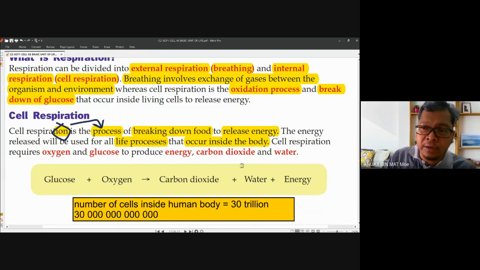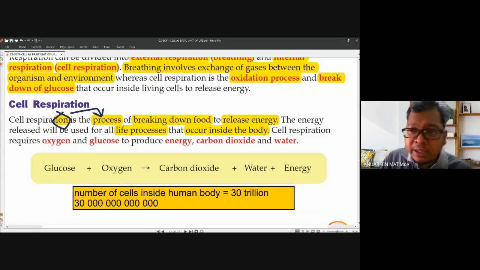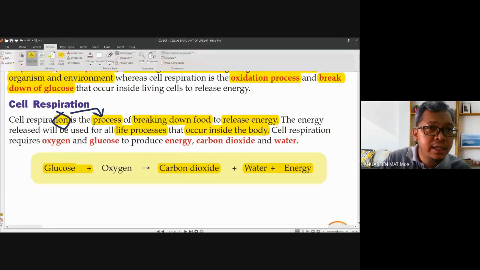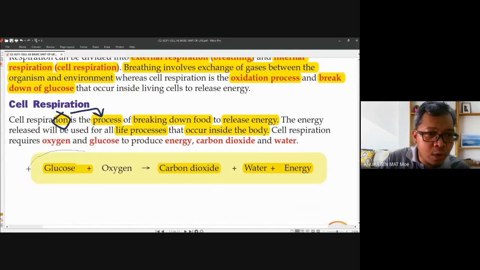Next, what is required? This is very important. It requires glucose and oxygen. This is the requirement of respiration, and then it turns into carbon dioxide, water, and energy. You must understand the word equation here.